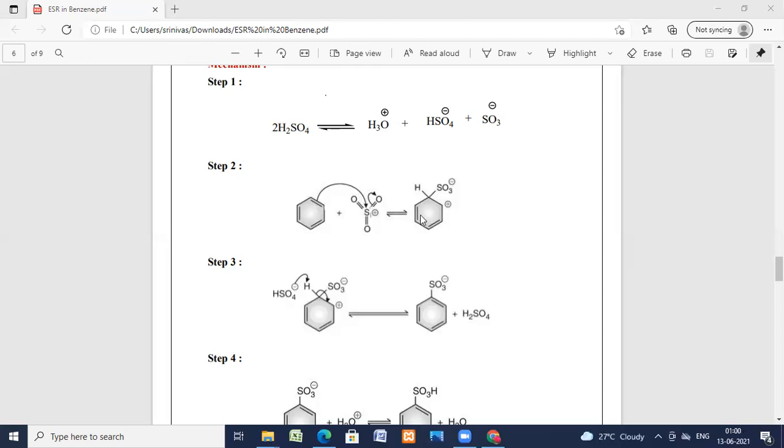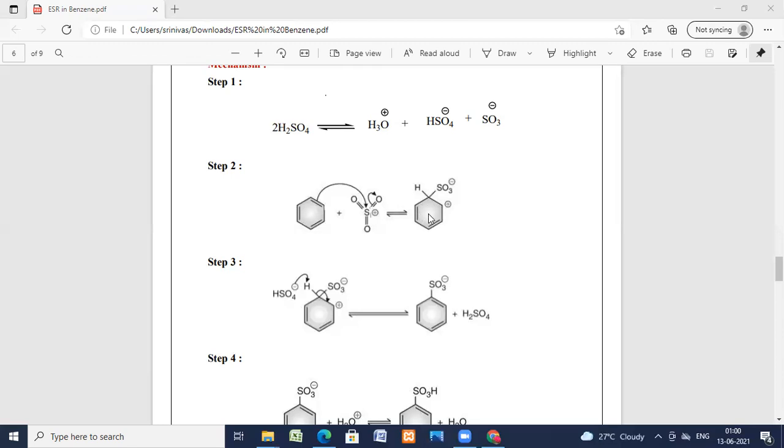And on this carbon you will be getting the positive charge, the ortho carbon. So the positive charge is shifted from ortho carbon to para carbon, again to ortho carbon. Finally, the three resonance structures are formed and the resonance hybrid is formed.